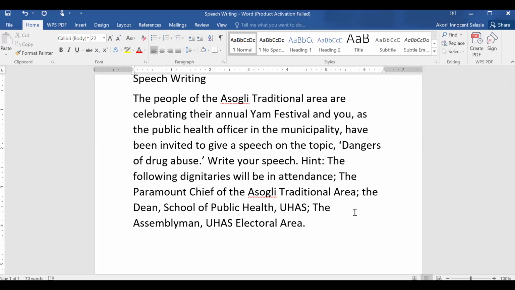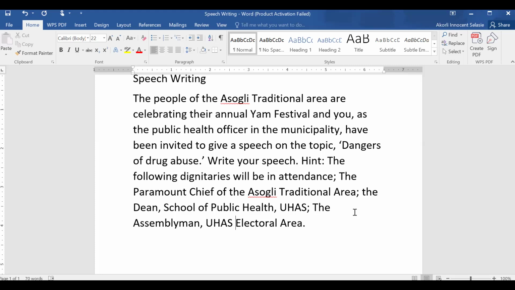When you are given this kind of task, the questions or the task may not come directly like this. But if it's going to be a real life situation, you have to make inquiries to know some of these things, because you need to know those who attend to be able to know how you prepare your speech so that you can deliver the speech by addressing them at the function.